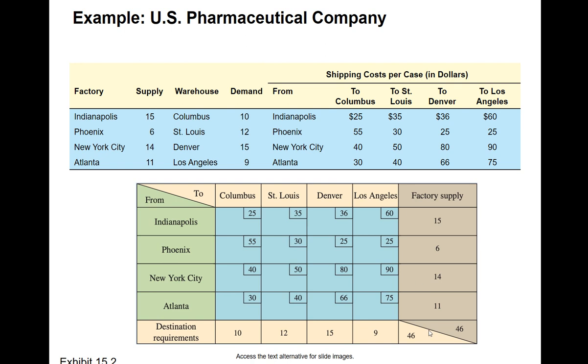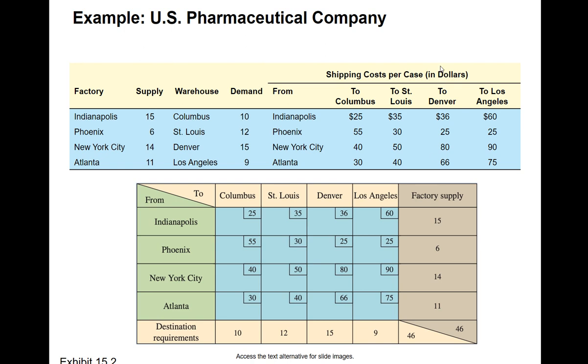Let's take a look at the table here: the 25, 35, 55, and the other numbers in these possible choices are the prices. The bottom row stands for the demand of each warehouse. Columbus needs 10, St. Louis needs 12, Denver needs 15, Los Angeles needs 9.